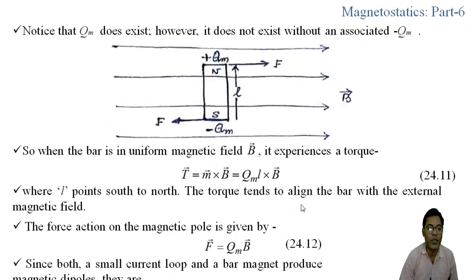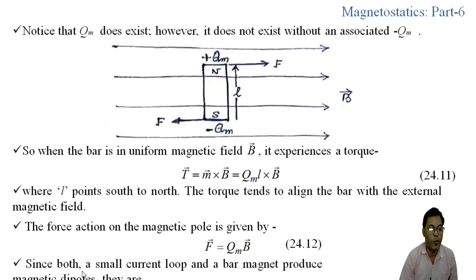The torque tends to align the bar with the direction of the external magnetic field. Now the force acting on the magnetic pole, if you consider the north pole, equals the pole strength into the external magnetic field B.